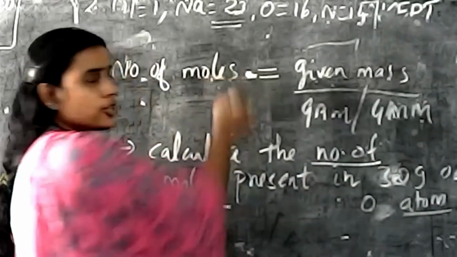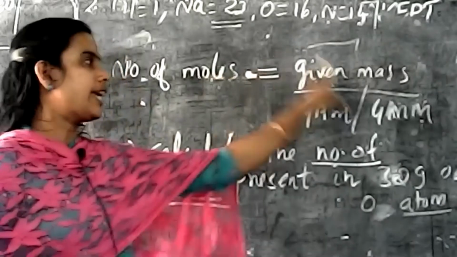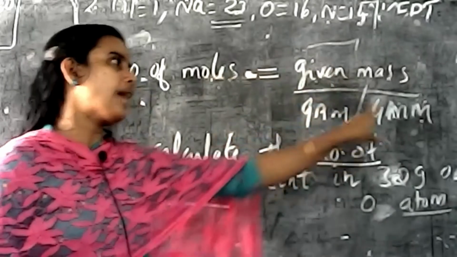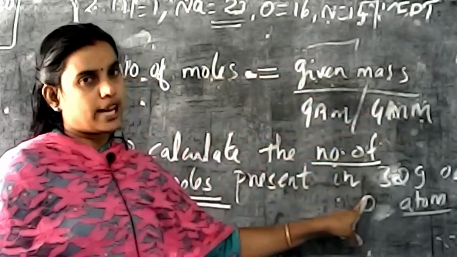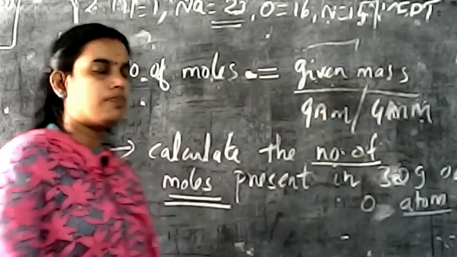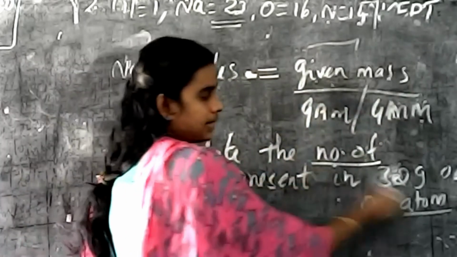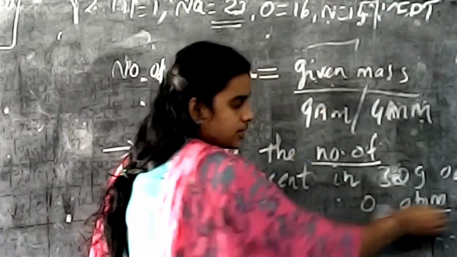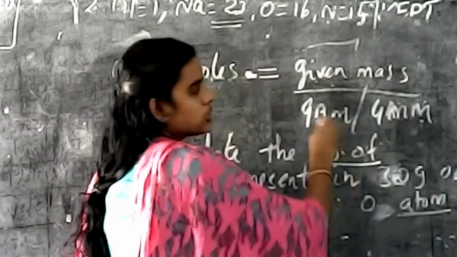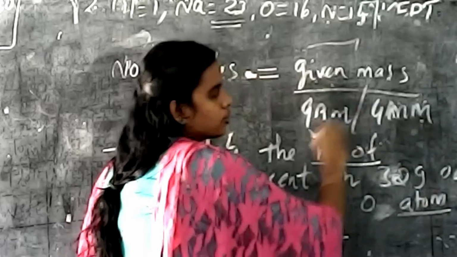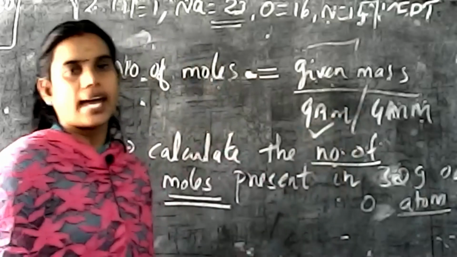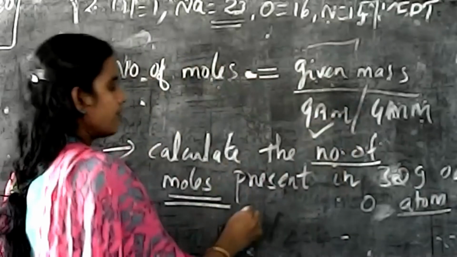What is the method to calculate the number of moles? Given mass by GAM or GMM. Here, which one do we have to select, GAM or GMM? The question contains atom, oxygen atom. So atom is suitable for GAM. So we can select GAM here. So what is the formula?